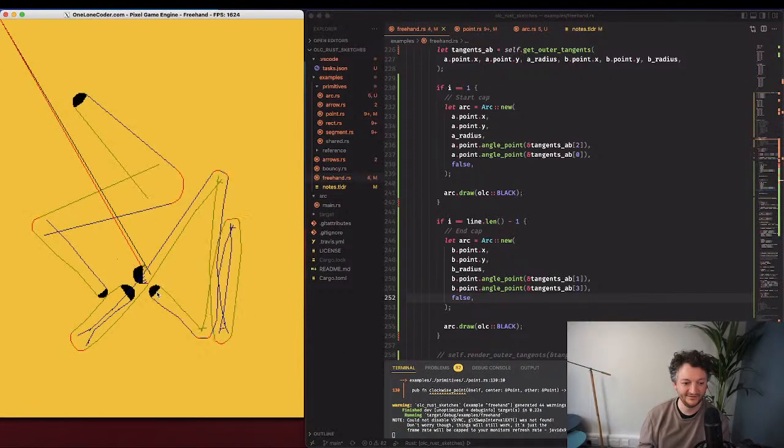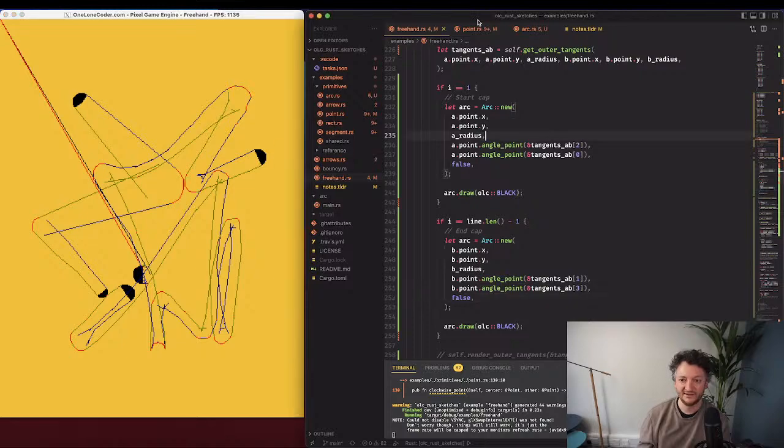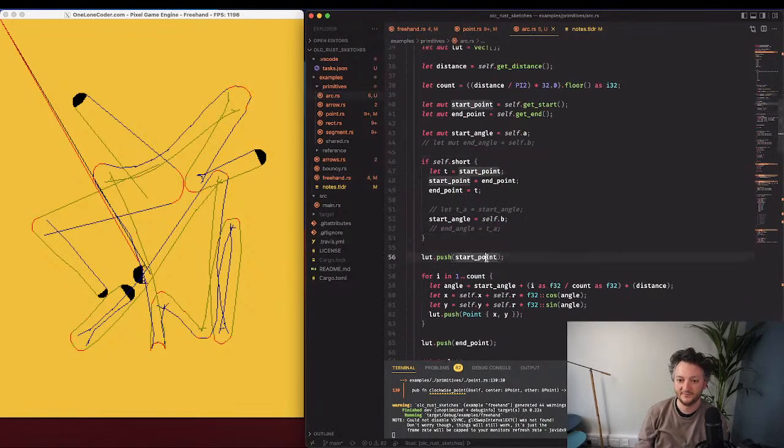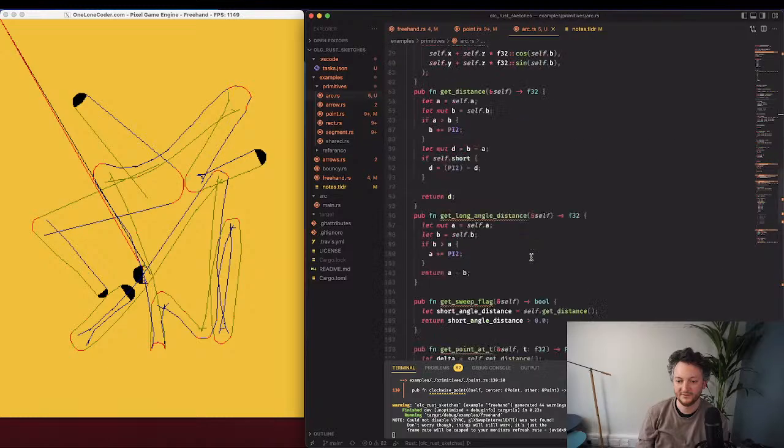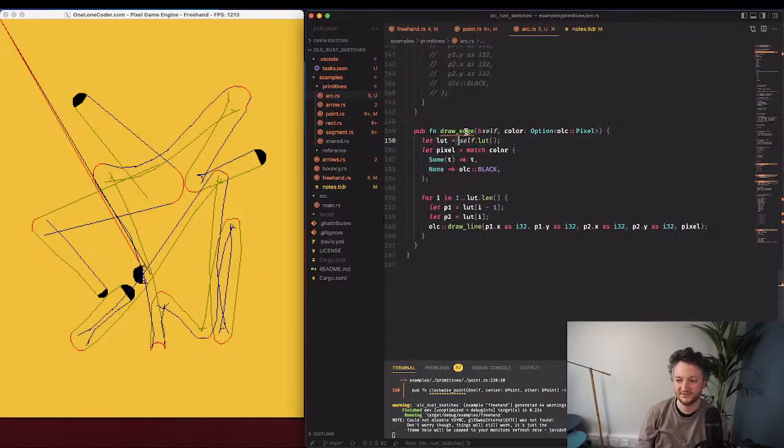Hey, cool. And then currently filling the cap. So let's just stroke it instead. Draw edge. I think that's what it was.